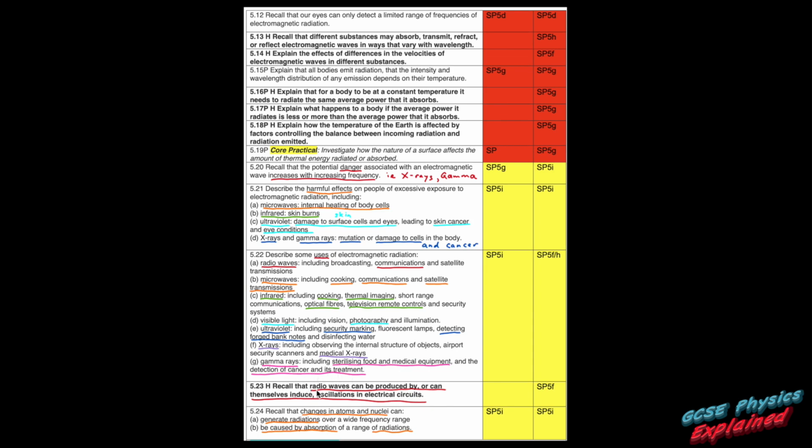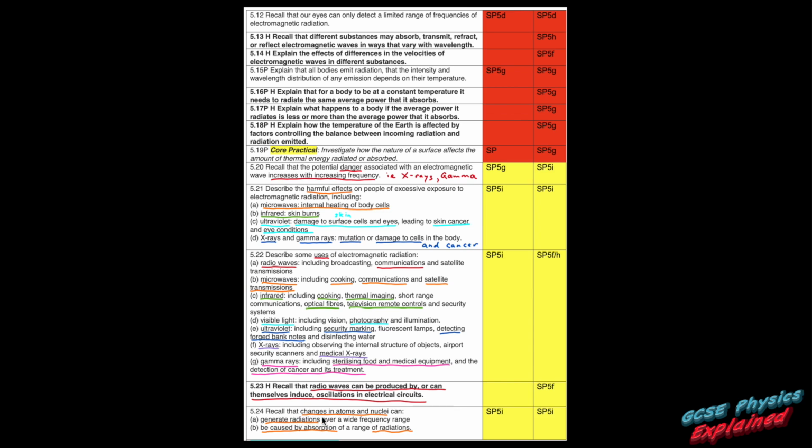You've got to recall that radio waves can be produced by, or can themselves induce, oscillations in electrical circuits. In other words, they make the electrons oscillate backwards and forwards. It's only worth 1 mark, so I'm not going into it. You just need to know that statement.